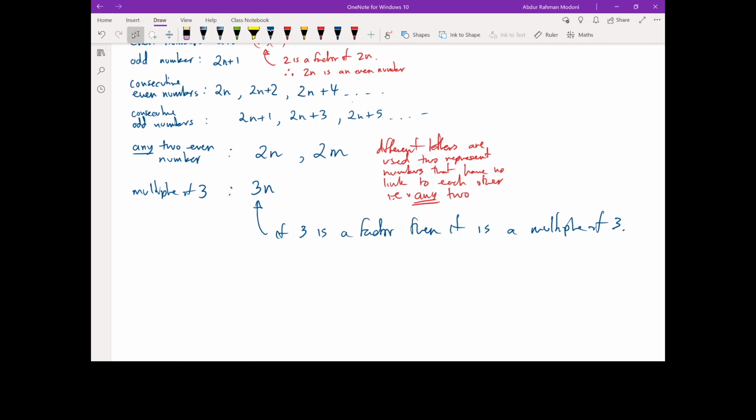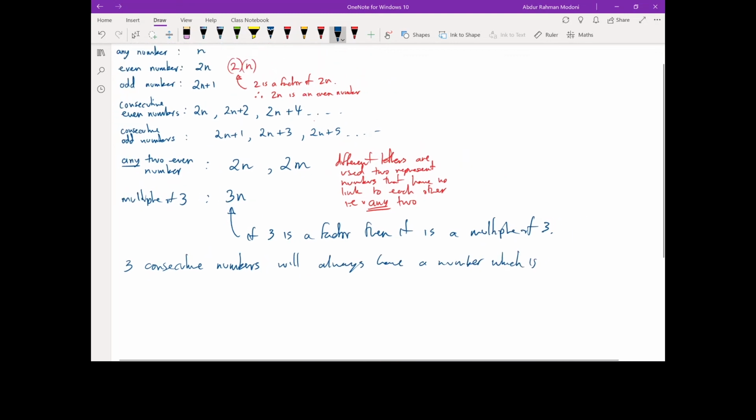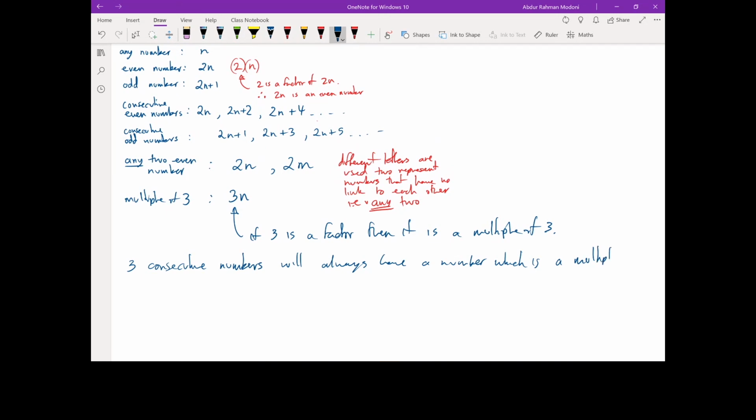So I think the best way to write that is using an example. 3 consecutive numbers will always have a number which is a multiple of 3. 4, same, will always have a number which is a multiple of 4. 5, etc. Okay.